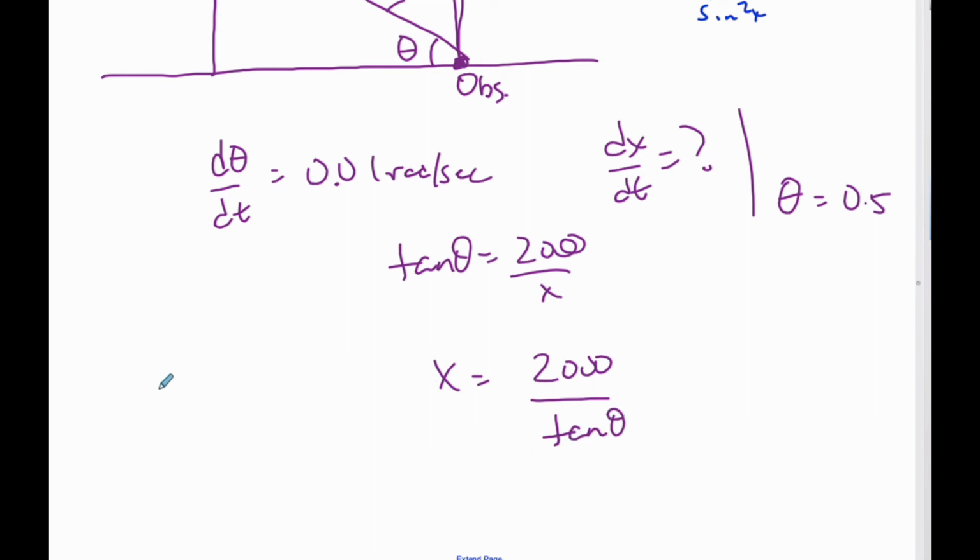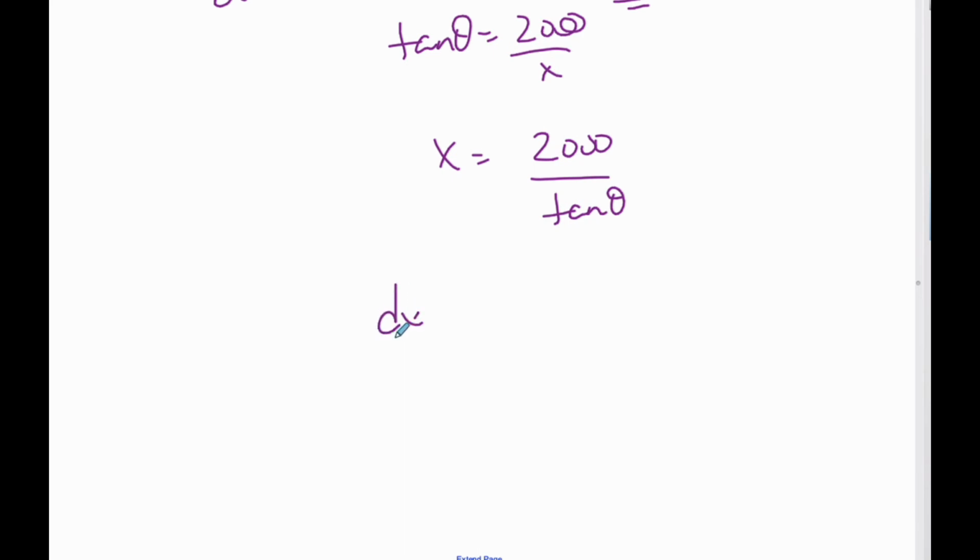And here we go. We want to find dx dt. Well, dx dt is going to equal dx d theta, because this is x in terms of theta, times d theta dt.